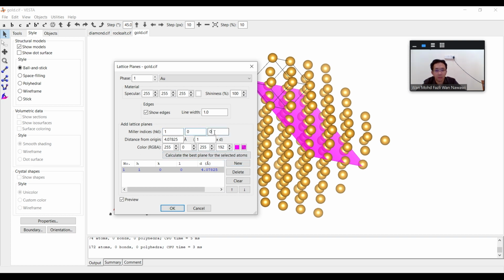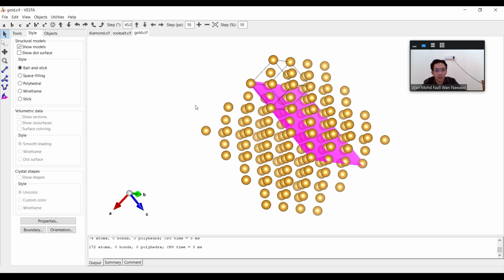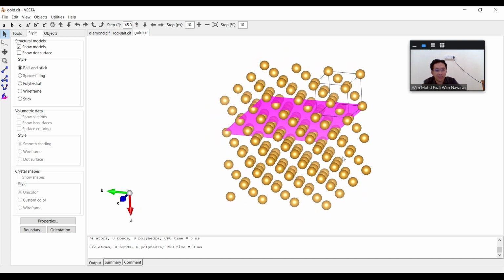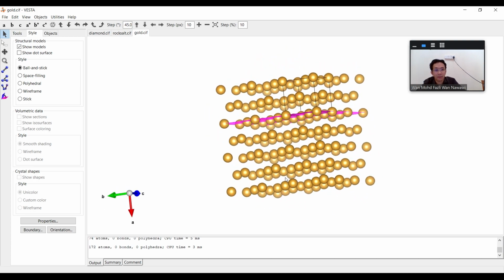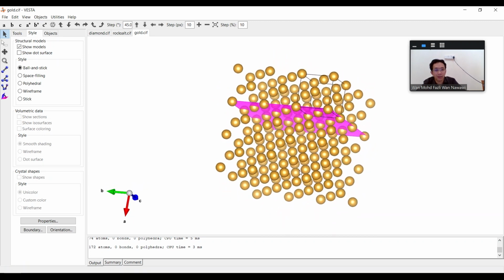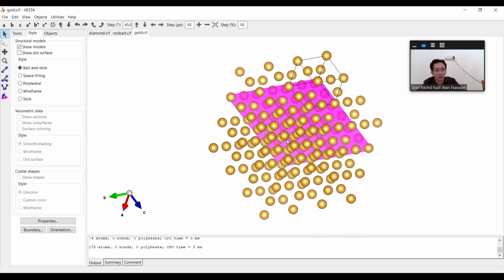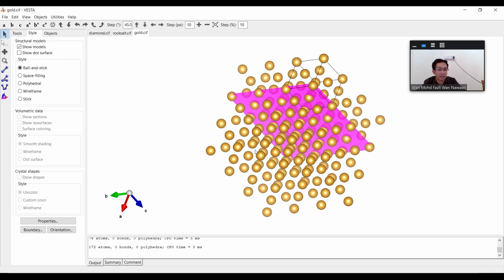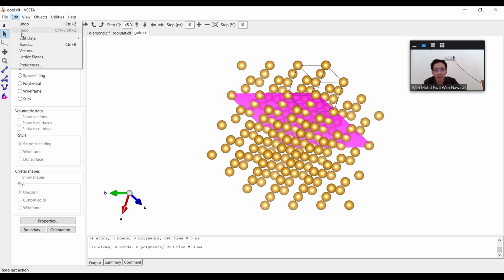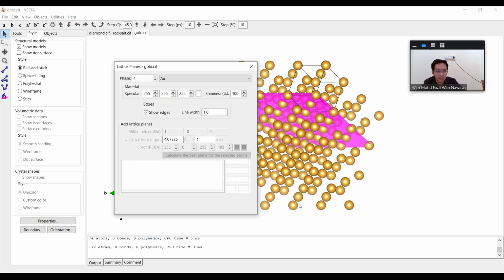Now you can see they are like a plane. That's what we call the plane. If you look here, when I click here, you can see the numbers 100. This is what we call the Miller index.